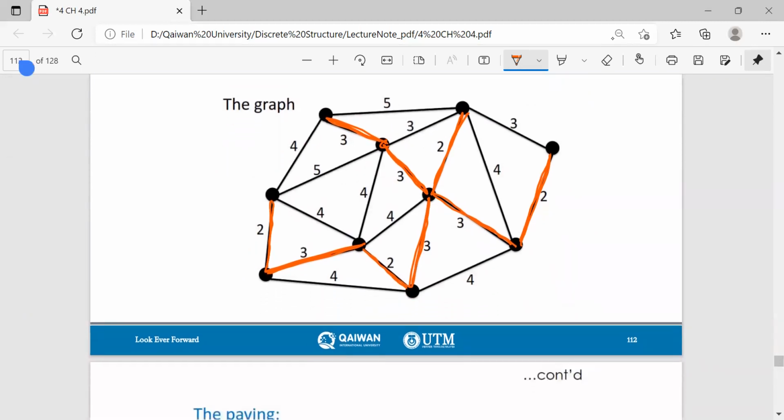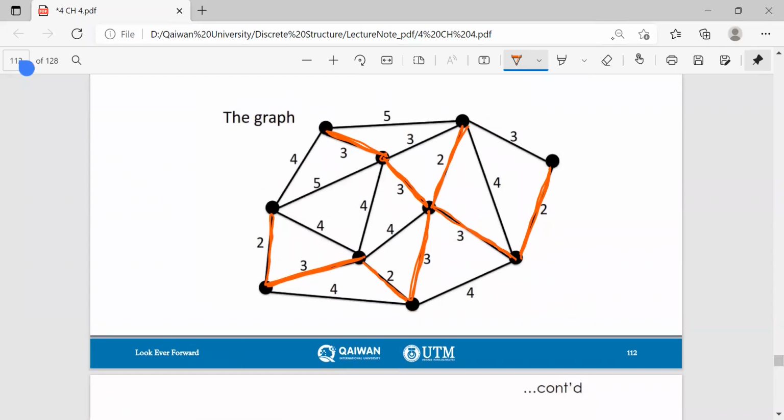Okay, so this is the minimum spanning tree. Maybe someone else doesn't take this one, takes this one. It's okay. Yes, it's okay to take that. But here, it must be in a way that we can travel from any vertex to any other vertex. Don't take this one.